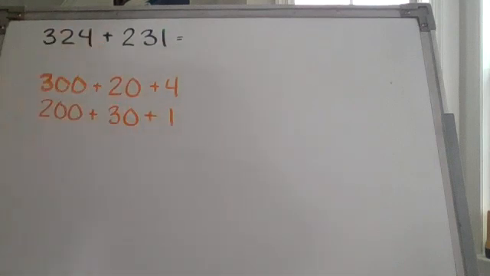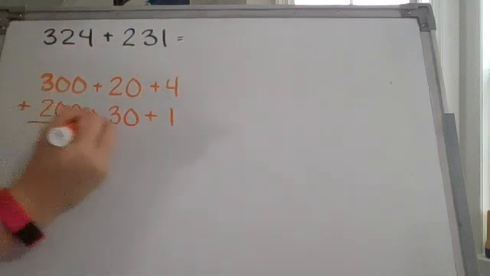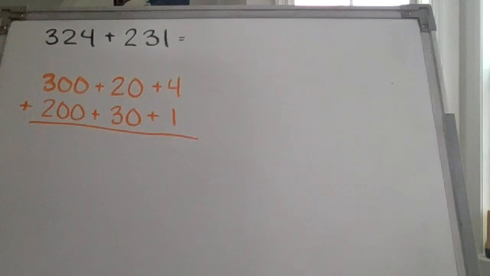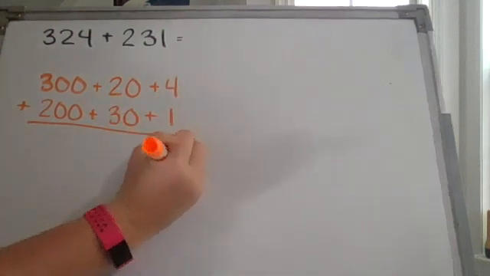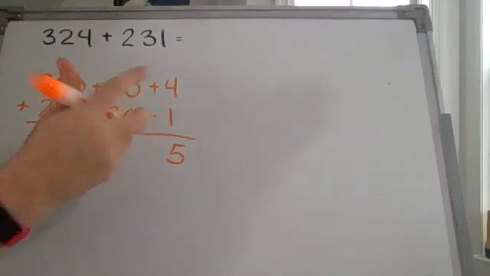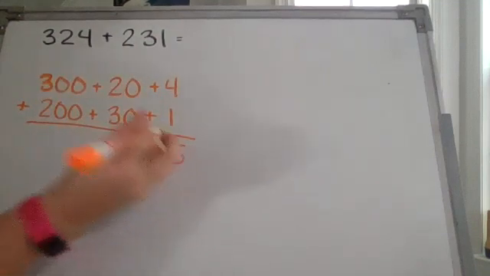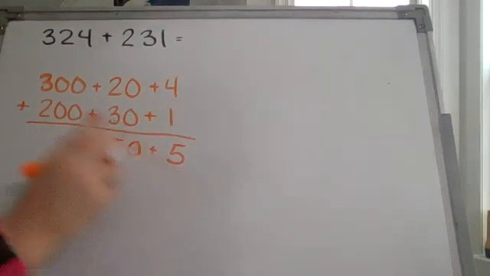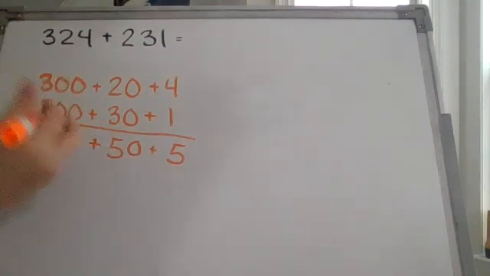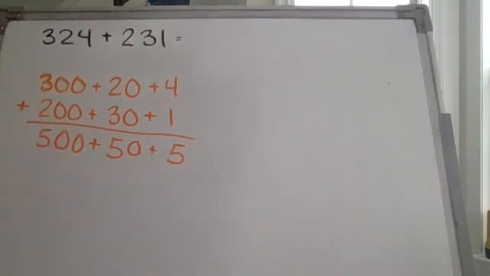So now I have 300 plus 20 plus 4, and 200 plus 30 plus 1. I want to find the sum, so I'm going to add these up. Let's start over here in the ones. 4 plus 1 is 5. 0 plus 0. 2 plus 3 is 5. So now I have 50 plus 5. Zeros. 3 and 2 is 5.